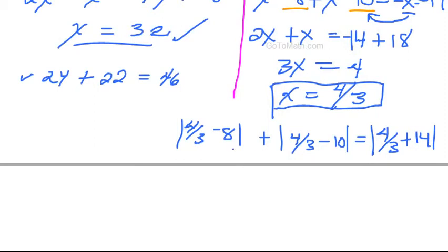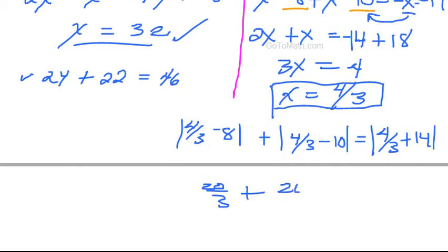So anyway, we get this one here, we get 20 over 3. 20 over 3 plus, and then this one right here, 4 minus 30 is, let's see, I'm trying to do this in my head here. Okay, 26. 26 over 3.